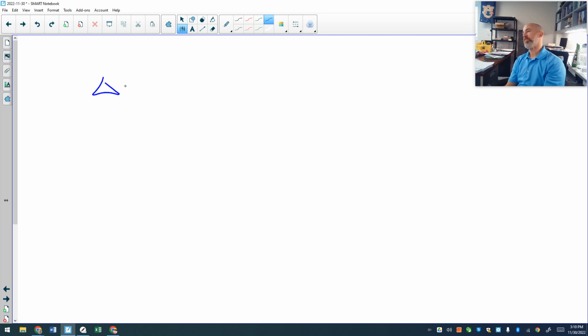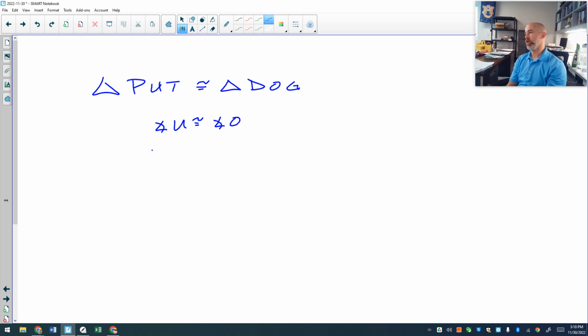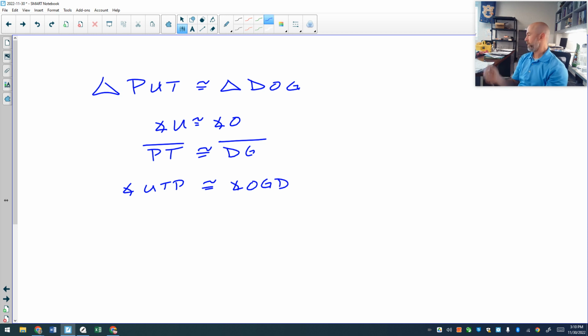For example, if I told you triangle PUT is congruent to triangle DOG, knowing that, you automatically know that angle U is congruent to what? Angle O. You automatically know that segment PT is congruent to segment DG. You automatically know that angle UTP is congruent to OGD. Y'all remember doing that?